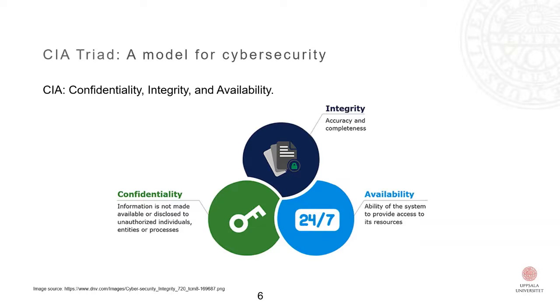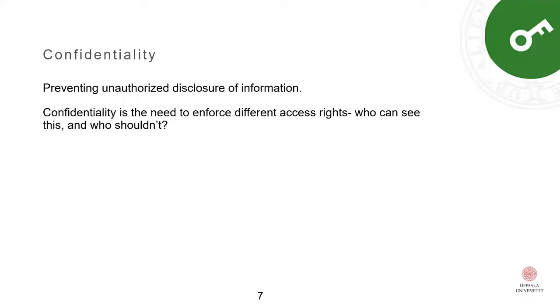Let's go a bit deeper into these three points. In confidentiality, we are concerned about preventing unauthorized disclosure of information. In order to provide confidentiality, we need to enforce different access rights, which means who can see the data and who shouldn't see or use the data.